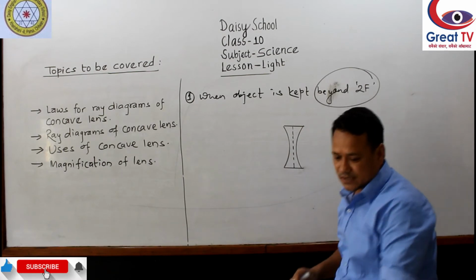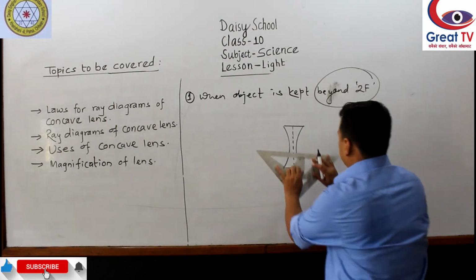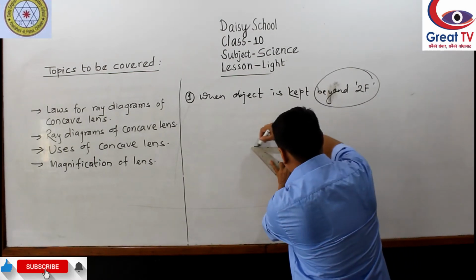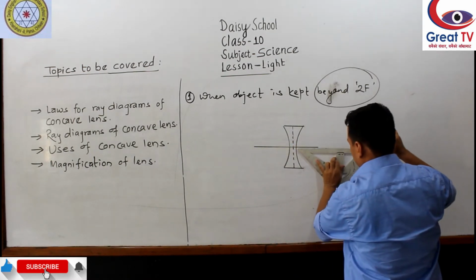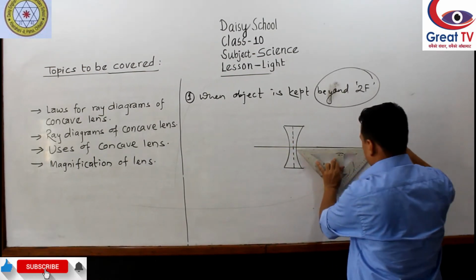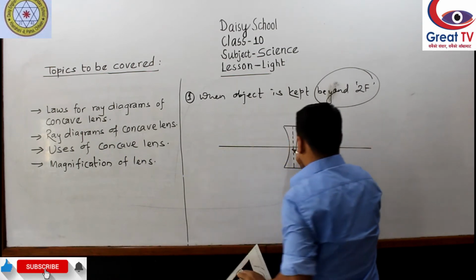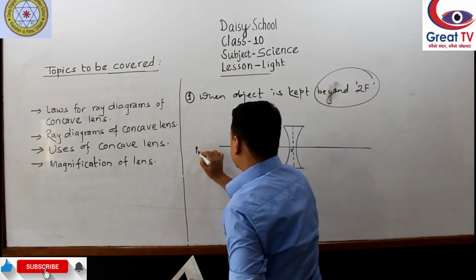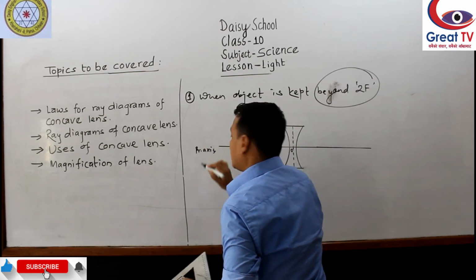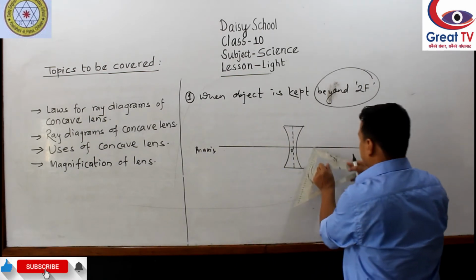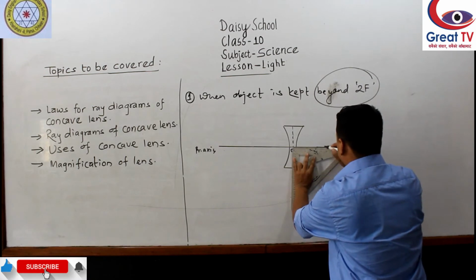It's a concave lens. After that, draw the principal axis, the optical center, and find F and 2F from the optical center.